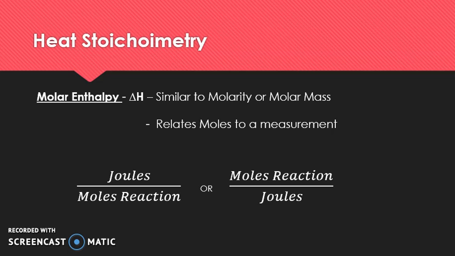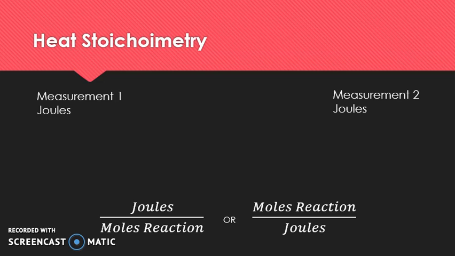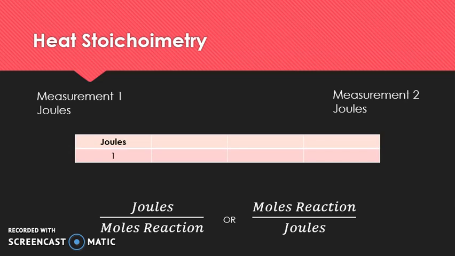Let's take a look at what this might look like in a stoichiometry style of problem. So let's say you are given the measurement of joules, and you're going to start a stoichiometry problem. You would start off with those joules going over 1, and then of course joules would cross down to the bottom of the next box, and your objective in this next step would be to convert to moles.